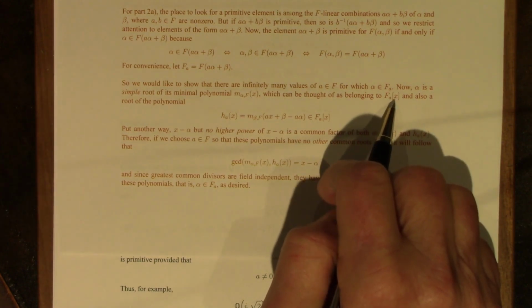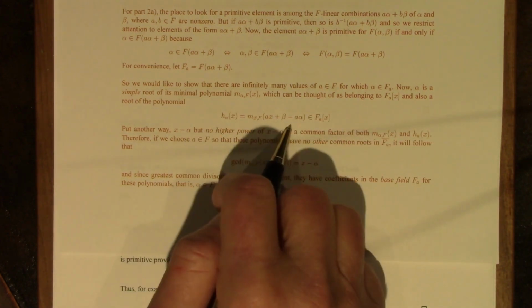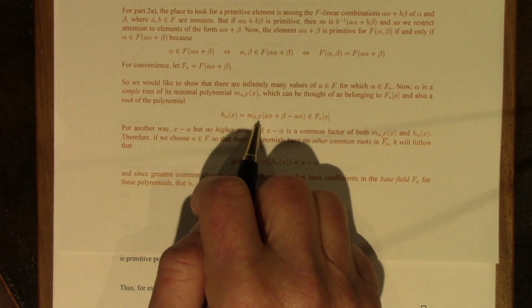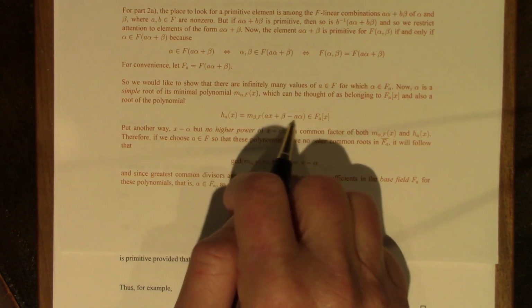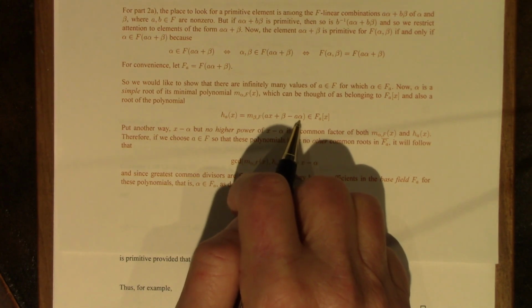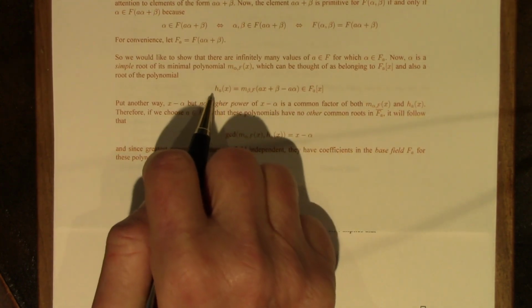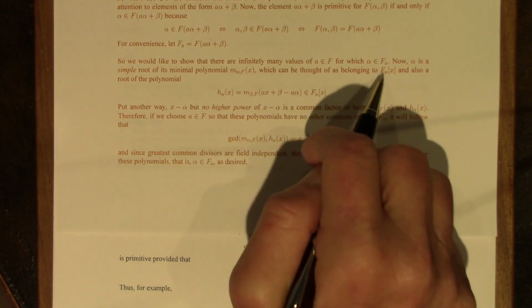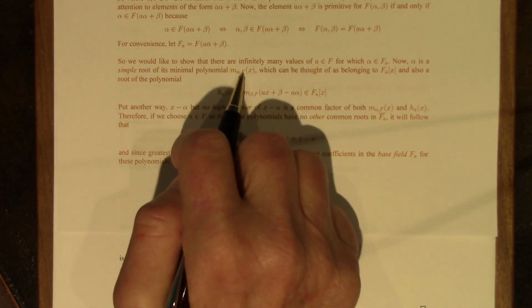But alpha is also a root of this polynomial. This is the minimal polynomial of beta, where I replaced x by ax plus beta minus a alpha. And I'm calling this h sub a of x. This is a polynomial with base field F sub a, and no smaller. So that's why I upgraded the base field here.